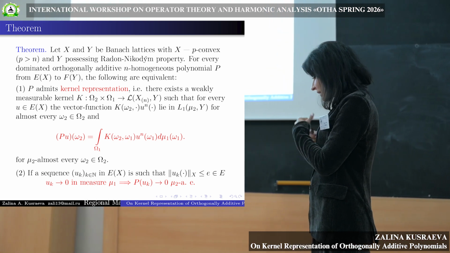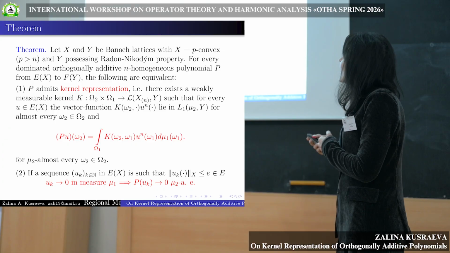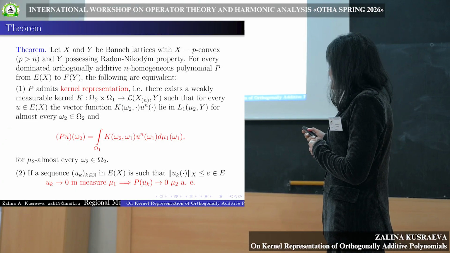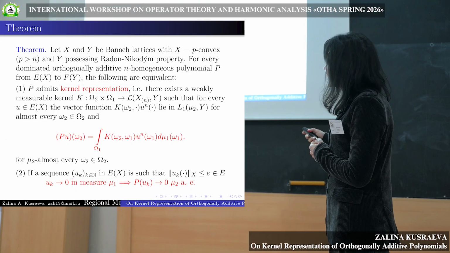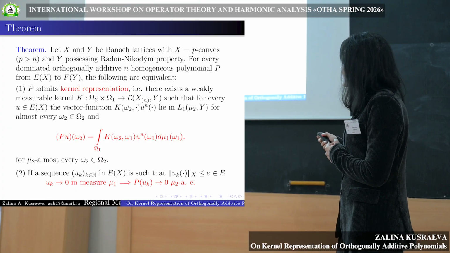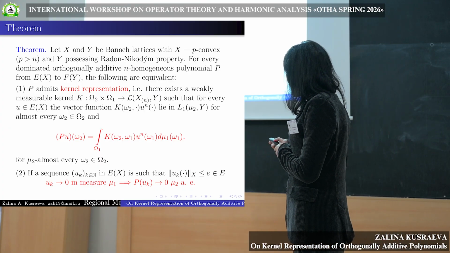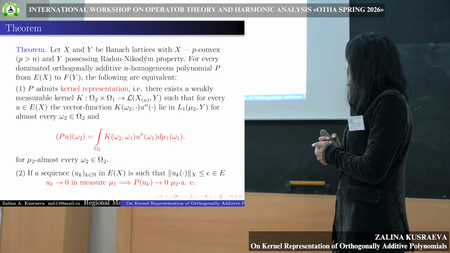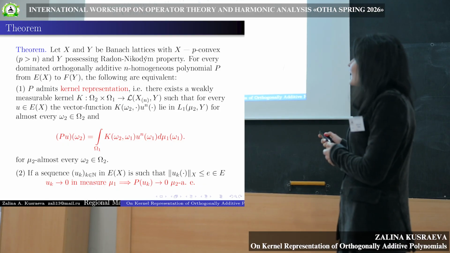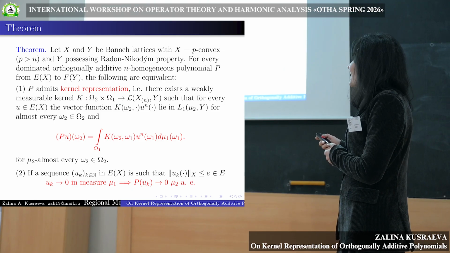I want to prove the theorem, and I think it will not be very difficult to prove, that if P admits kernel representation, not weak representation, this means the following. But we will need one more property, which is called the Radon-Nikodym property.